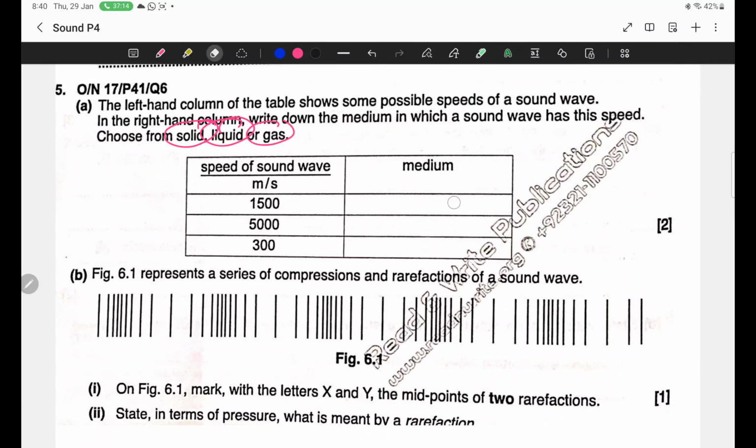So I'm not writing water, I should write 1500 in liquid. 5000 is the fastest, so the medium will be solid. And 300 is the slowest and it is in air, or gas. So we are given these three options: solid, liquid, gas.